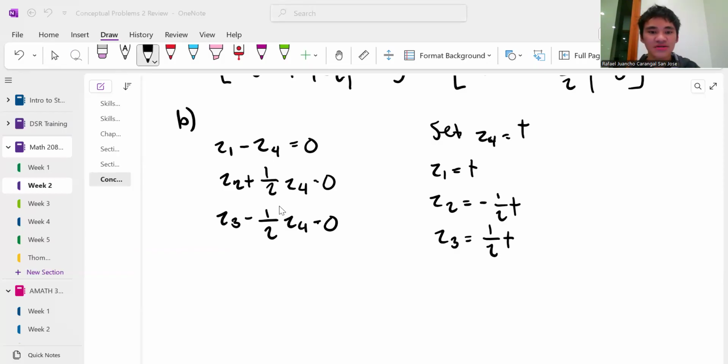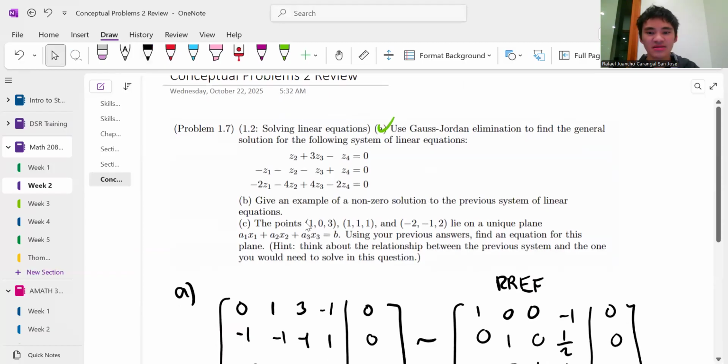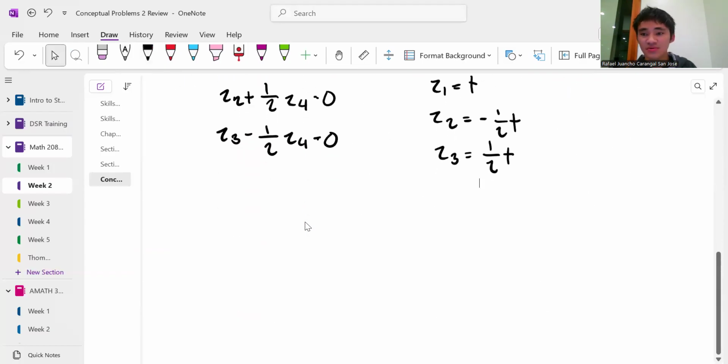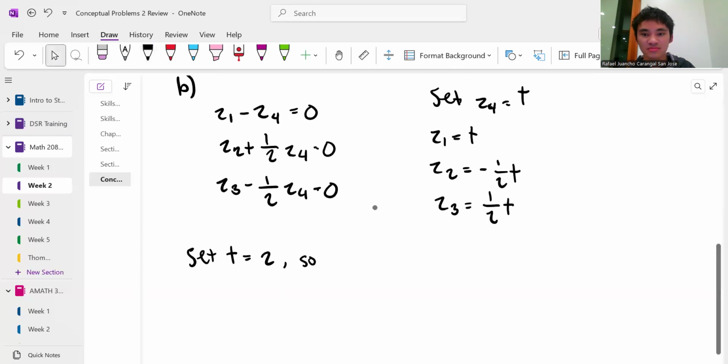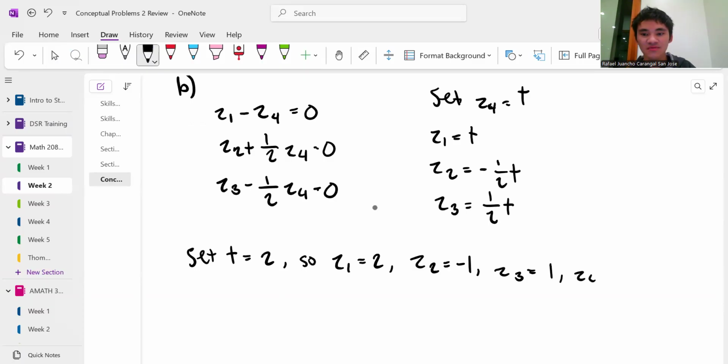Now, it's not asking for a general solution, it's asking for a non-zero solution. So t can be anything, right? So we just set t equal to 2. So z sub 1 will be 2, z sub 2 will be -1, z sub 3 will be 1, z sub 4 will be 2.